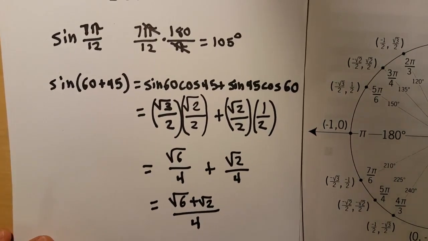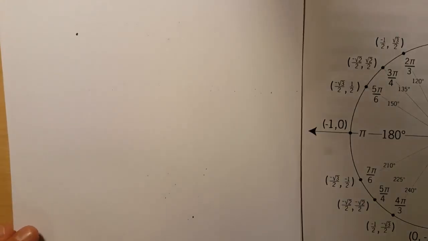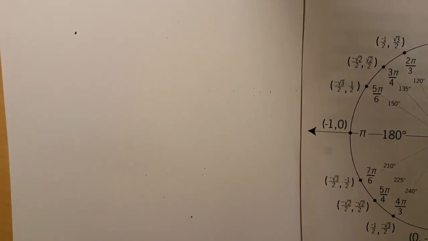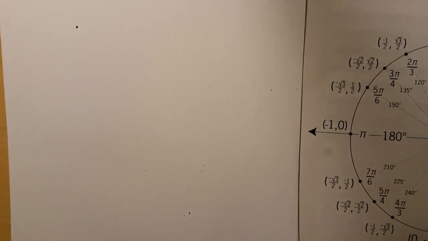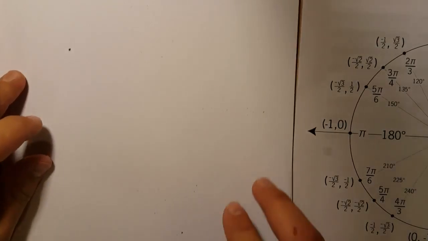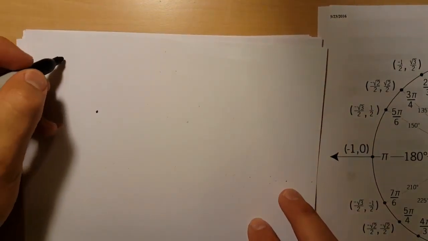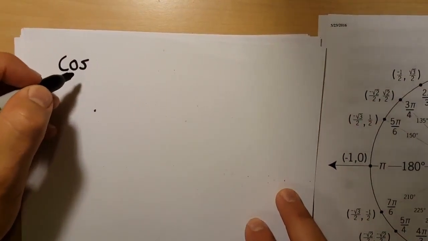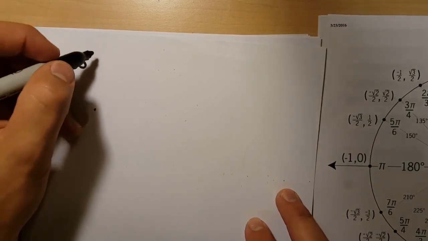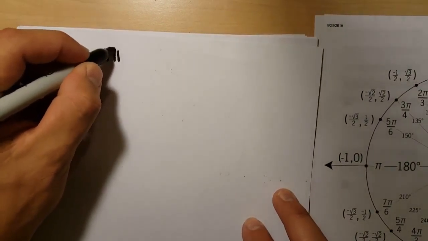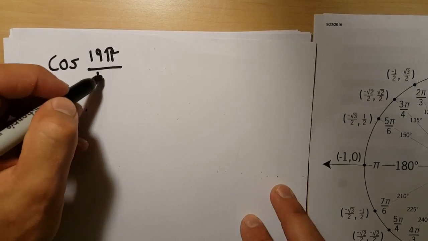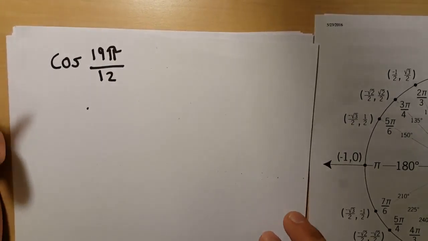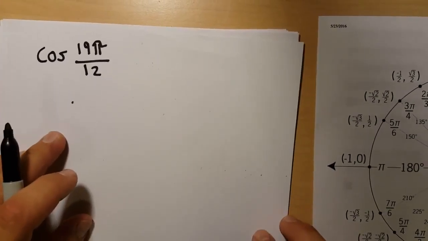The next problem will be cosine 19 pi over 12. Here we do the same exact steps.